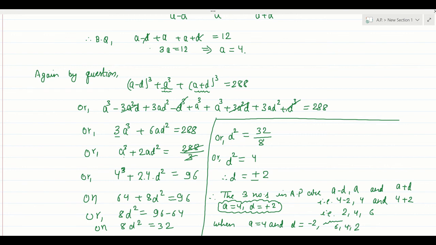Is this clear? So at last you will mention: therefore, the three numbers in AP are 2, 4, and 6. Or you can say the three numbers in AP are 6, 4, and 2. I hope this is also clear.